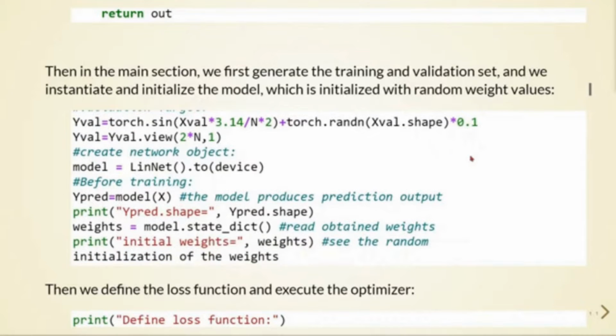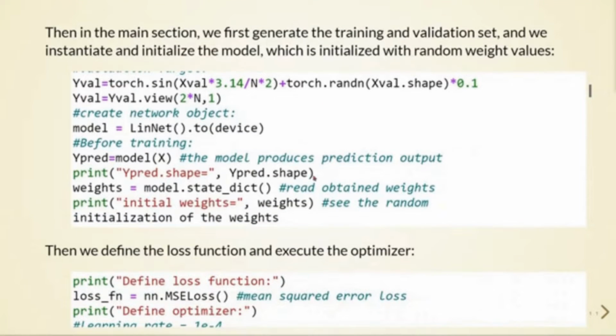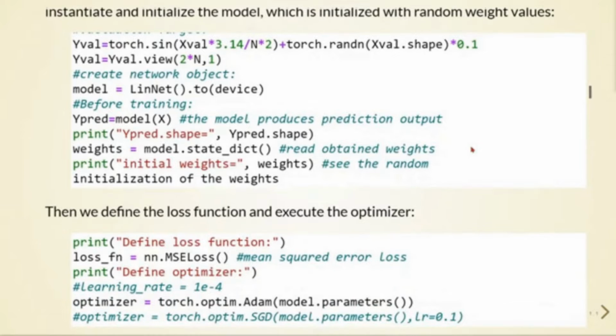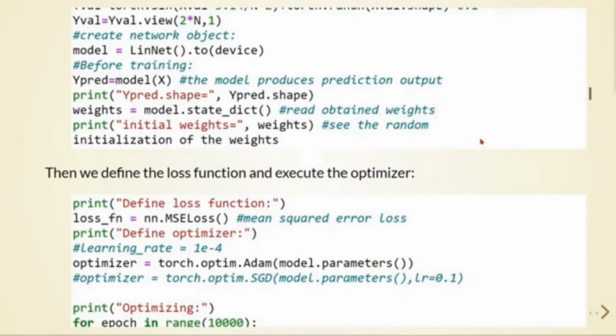So before training, we can take a look at the weights. These are the weights at the initialization of the model, so it's before training. And then we can also take a look at the prediction before training.